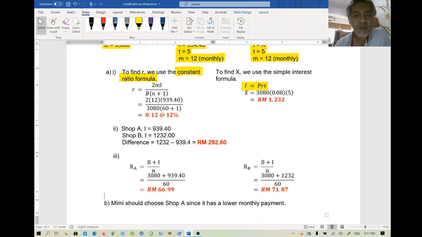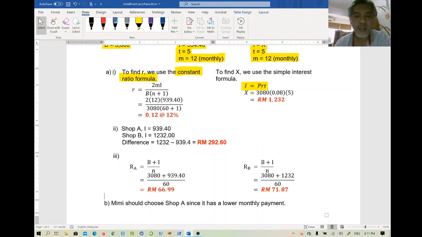Always refer to the situation. So if you're taking a loan, you want a lower interest amount. But if you are doing some investment, you want a higher return, so that means your decision will be based on a higher return. If you are looking at the interest amount, choose the higher interest amount. So that is in the case of investment. Okay, so bear in mind the situation given in the questions.